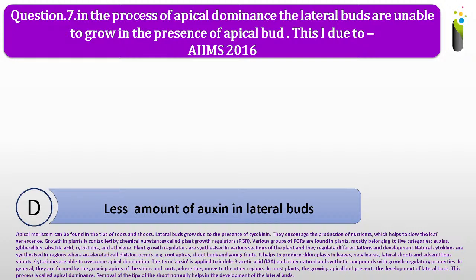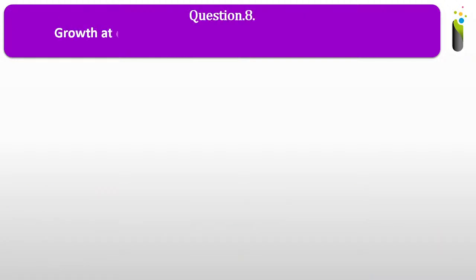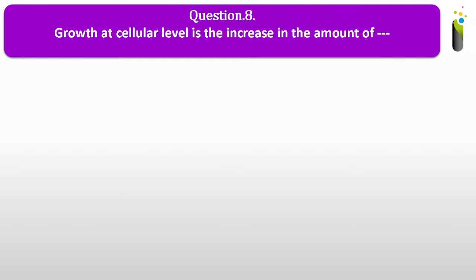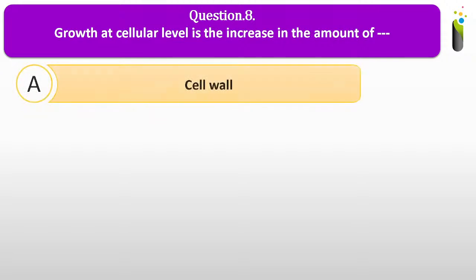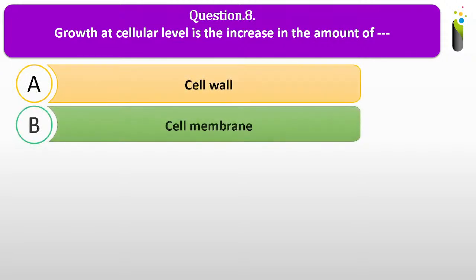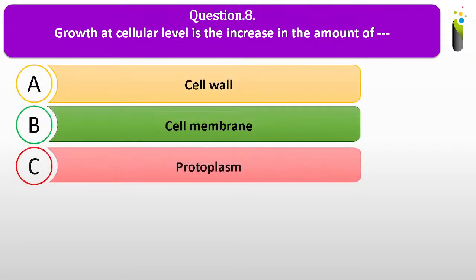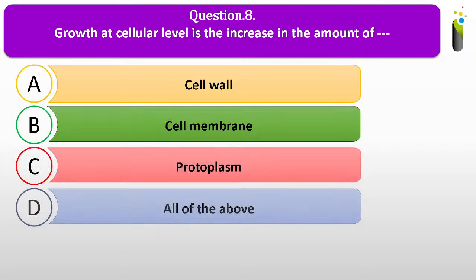So going ahead, question number 8. Growth at cellular level is the increase in the amount of dash. A. Cell wall. B. Cell membrane. C. Protoplasm. D. All of the above.